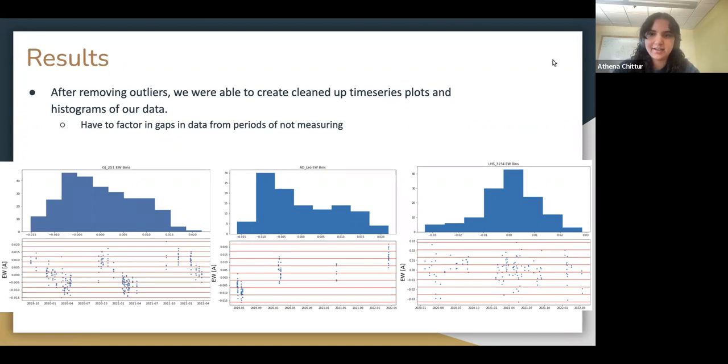So we had 75 different histograms, and these are 3 examples of what they looked like. This would help us figure out which stars we could maybe work with in the future, which stars had the correct placement of data that we wanted to look at the moment.